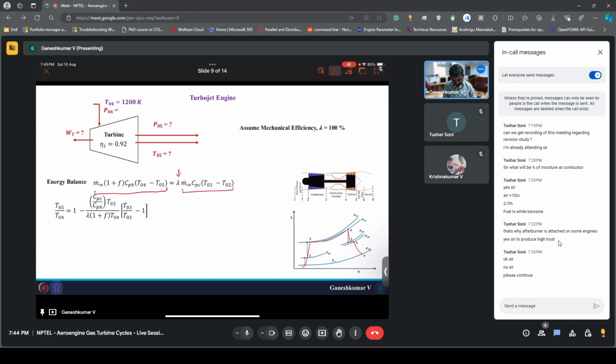Now you just rearrange this, you will end up having this kind of equation, and then you again substitute all the values here. What we know about P04, we found out to be 477.29 kilopascal.